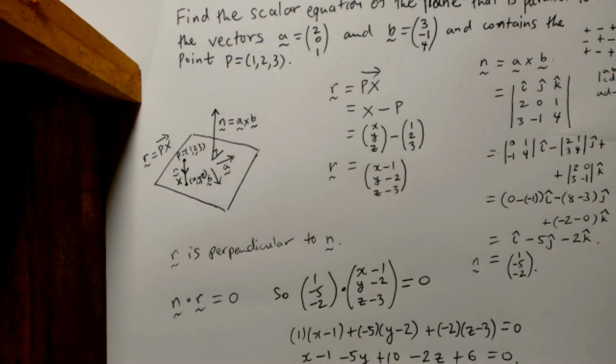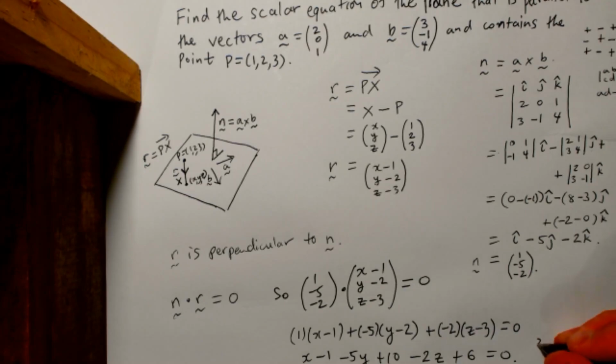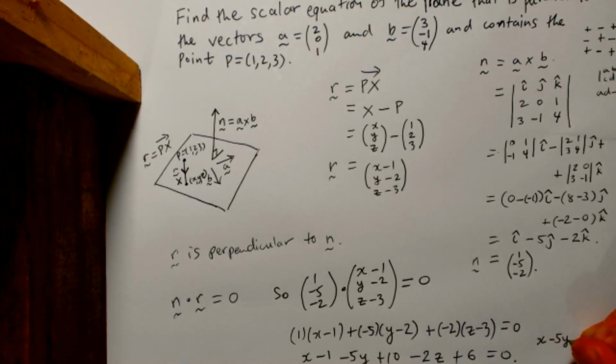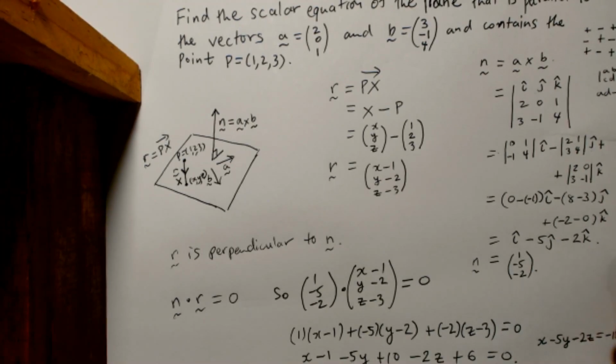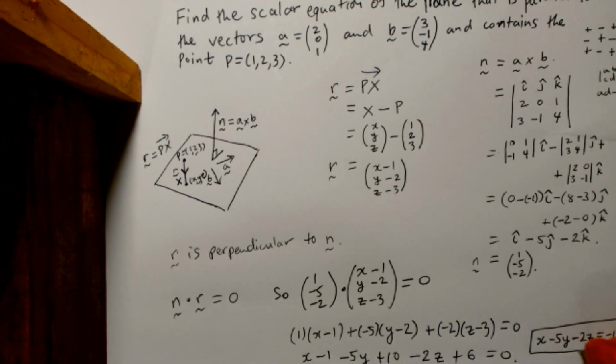So 10 and 6 is 16, minus 1 gives 15, but let's take that to the right hand side. So it will be equals minus 15. So we'll have then x minus 5y minus 2z equals minus 15. Alright, so there is the required scalar equation of the plane that we're after.